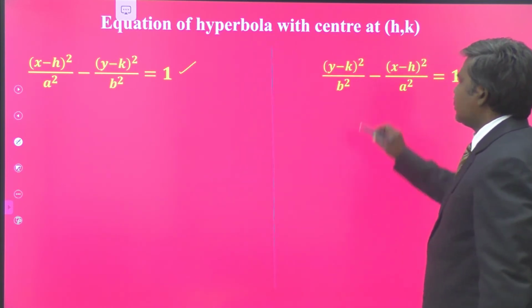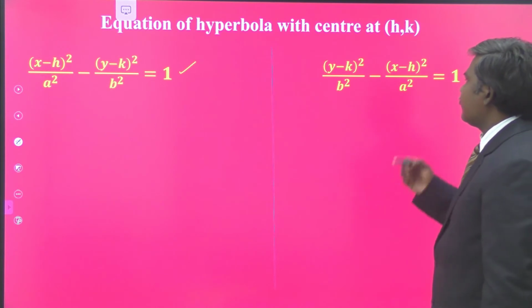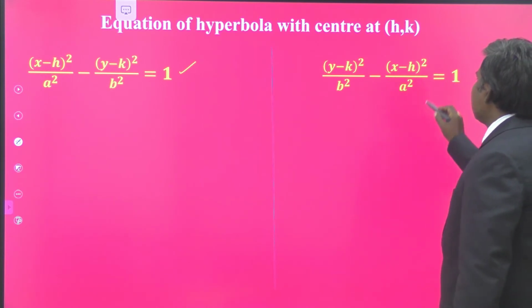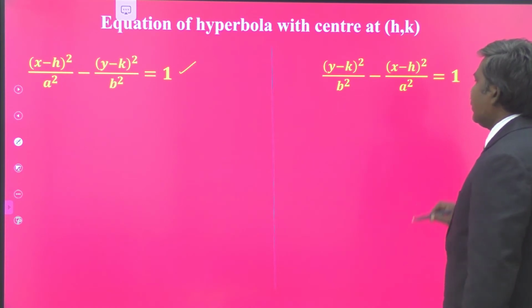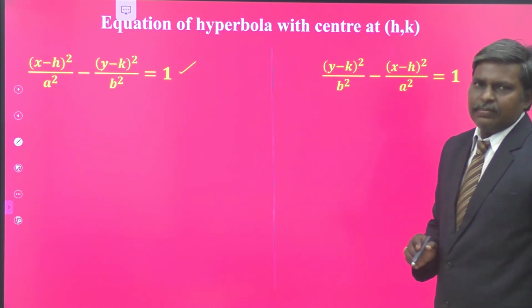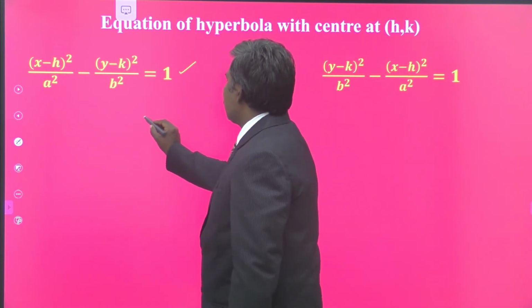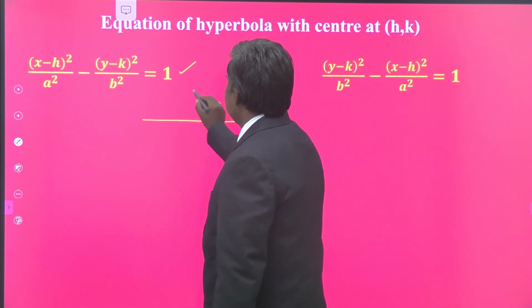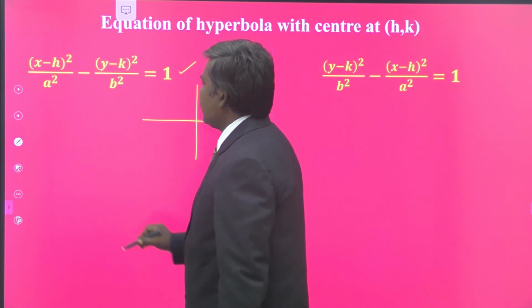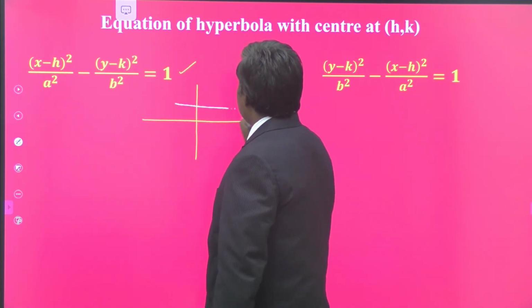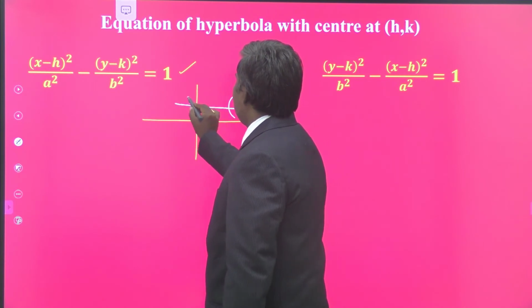Another standard form is y minus k whole square by b square minus x minus h whole square by a square is equal to 1. Understand? That means, suppose these are the coordinate axes. Your hyperbola's transverse axis is parallel to x-axis, so your hyperbola may be in this manner.